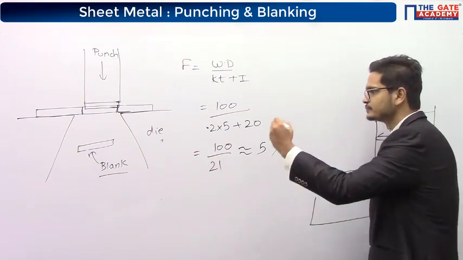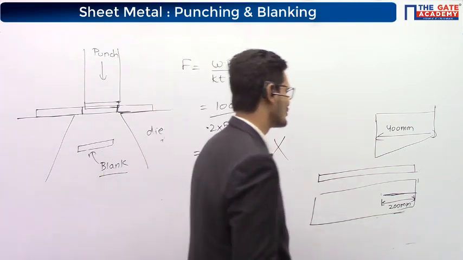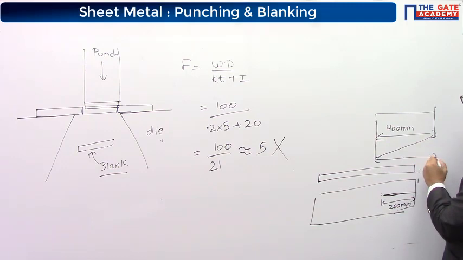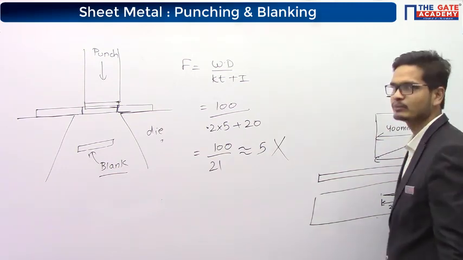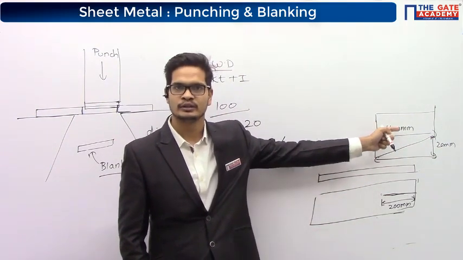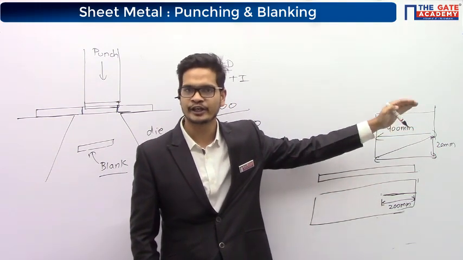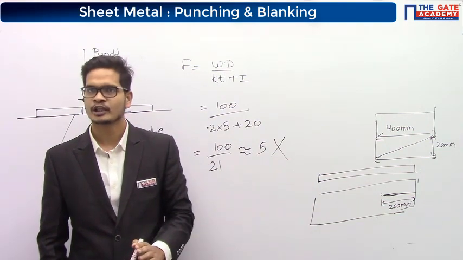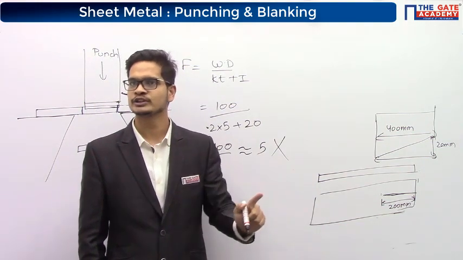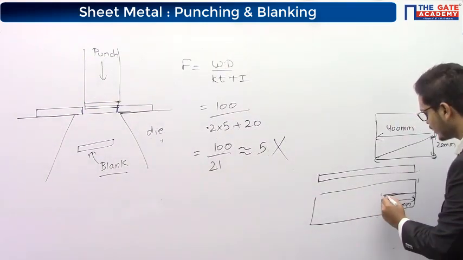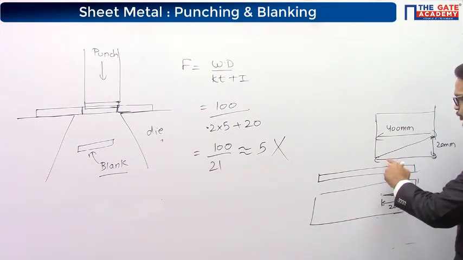Why is it wrong? See guys, the trick of this question was they have provided the 20 mm shear on the 400 mm long punch, on the 400 mm long cutter. But are we using the entire 400 mm? For cutting 200 mm, we are not going to use the entire 400.